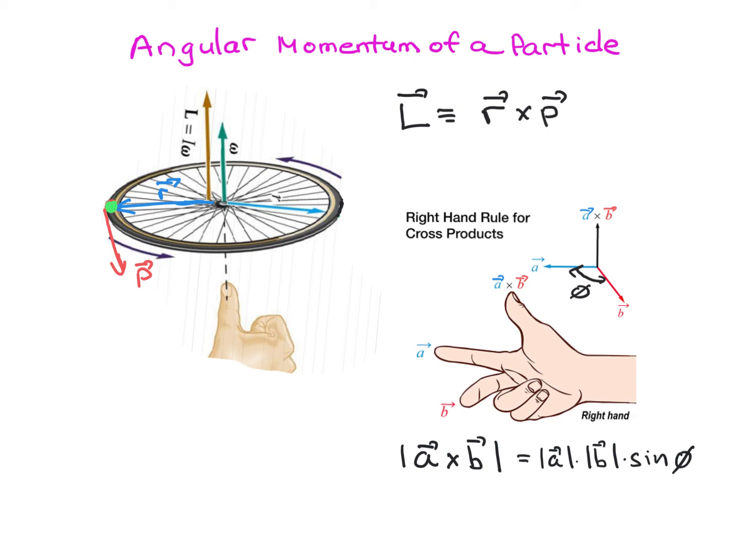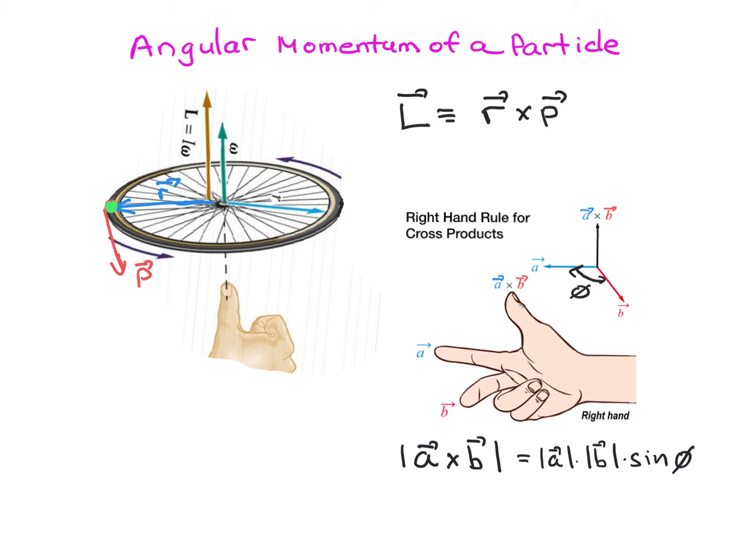Then the cross product of A and B, and the order in which we write the cross product matters, as you'll see, is defined as a new vector that lies perpendicular to the plane that contains the vectors A and B. So A cross B is perpendicular to both the vector B and the vector A.